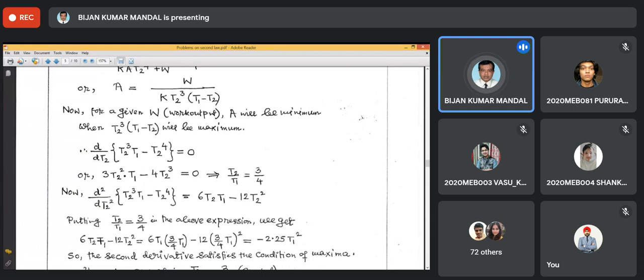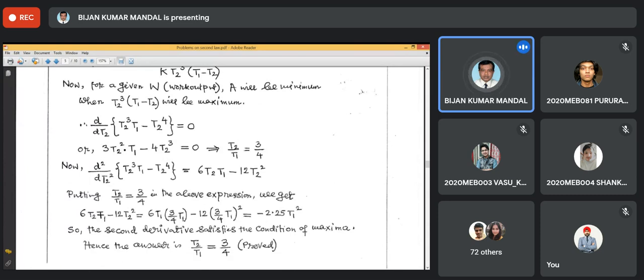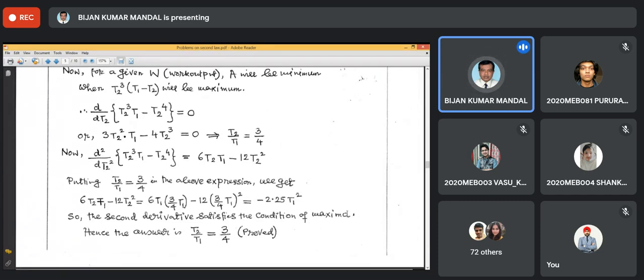But mathematically, if you want to show it, you can, and we have shown it here: the second derivative is minus 2.25 into T1 squared, and T1 is a positive quantity. Remember that all these temperatures in these calculations are in Kelvin, so it cannot be negative. Moreover, it is also squared. So the second derivative satisfies the condition of maxima. So we have proved that T2 by T1 is equal to 3 by 4.